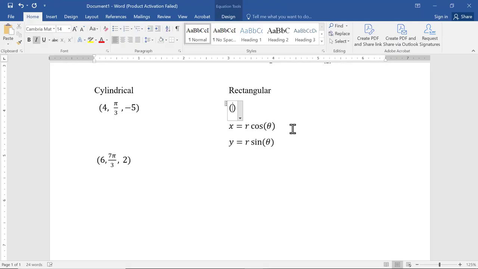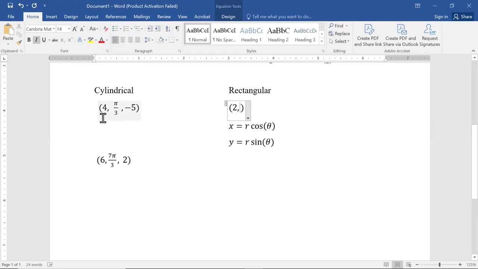So when we go to find our rectangular coordinates, all we have to do is take 4 times cosine of pi over 3. You can type that in. Now, I didn't mention this earlier, but make sure that we're in radian mode, obviously. That's a 2 for your x value, 4 times cosine of pi over 3.